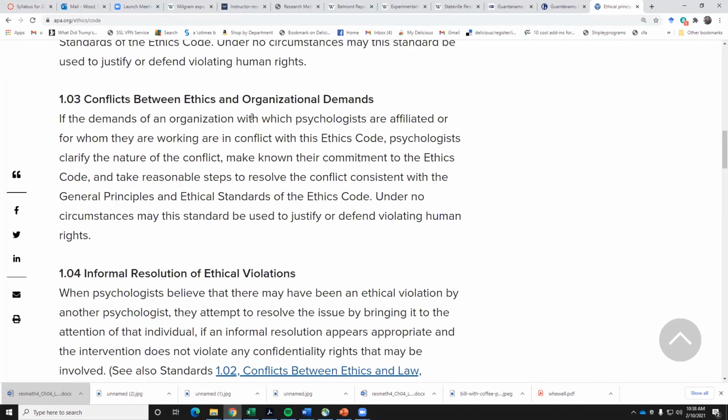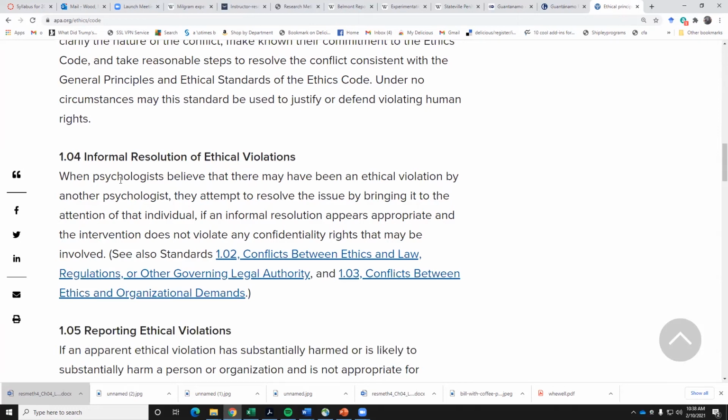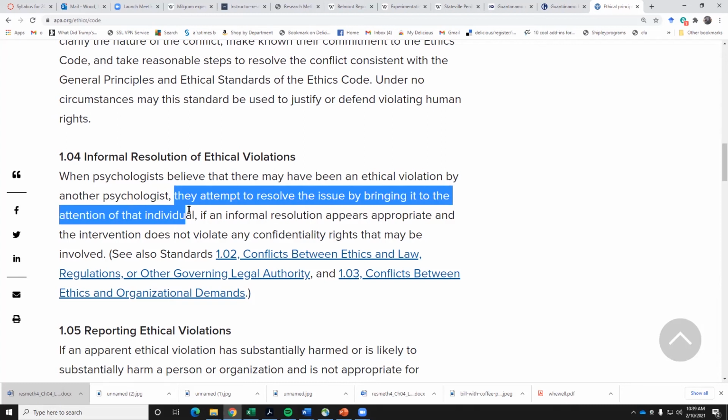Sometimes there's conflicts between organizations and ethics. And we'll talk a little bit about that later in the lecture today. Where you think there might be an ethical violation, your first step is to bring it to the attention of the person. An informal resolution might be appropriate, and it wouldn't violate any confidentiality rights.